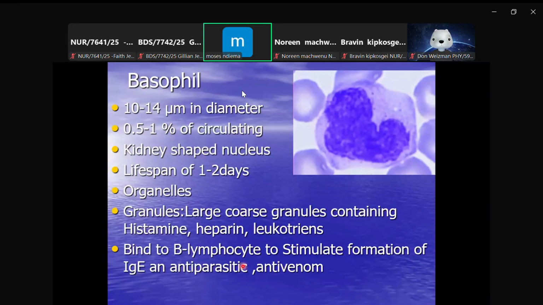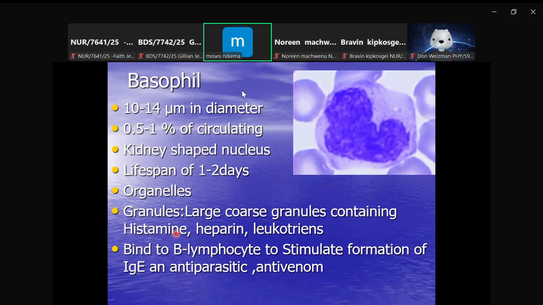That's why you have a lot of eosinophils in circulation during allergic and parasitic infections. And then this idea of playing a role in major histocompatibility expression is also very important in relation to activation of T cells. So this is the role of eosinophils. And that's why we have a lot of large granules in their cytoplasm.